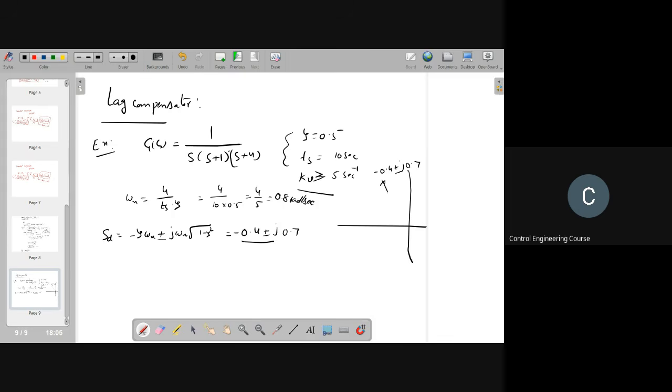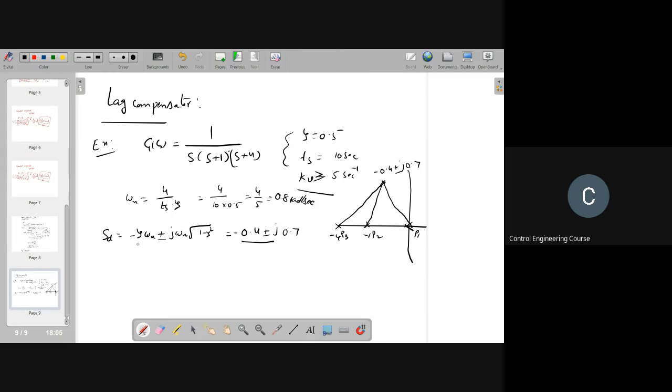So there is a pole at origin, one pole at minus 1 and another one at minus 4, right? Let us say this is P1, this is my pole 1, pole 2 and pole 3.